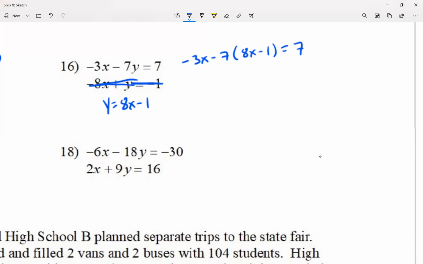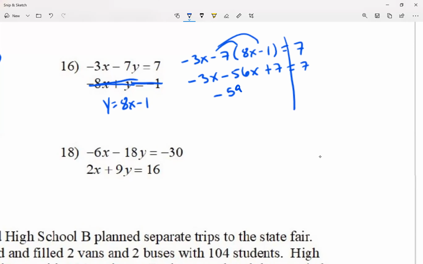Let me distribute the negative 7. That way I'm going to get rid of parentheses. So I have negative 3x minus 56x plus 7 is equal to 7. Let me combine the x's. Negative 59x plus 7 is equal to 7.